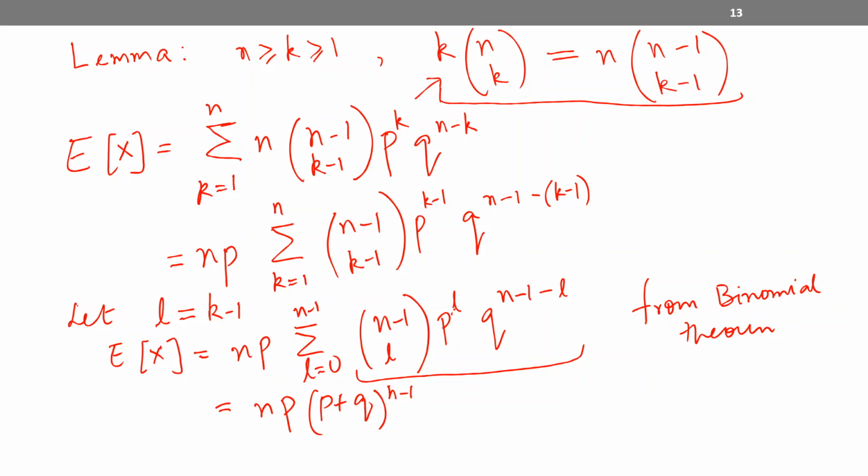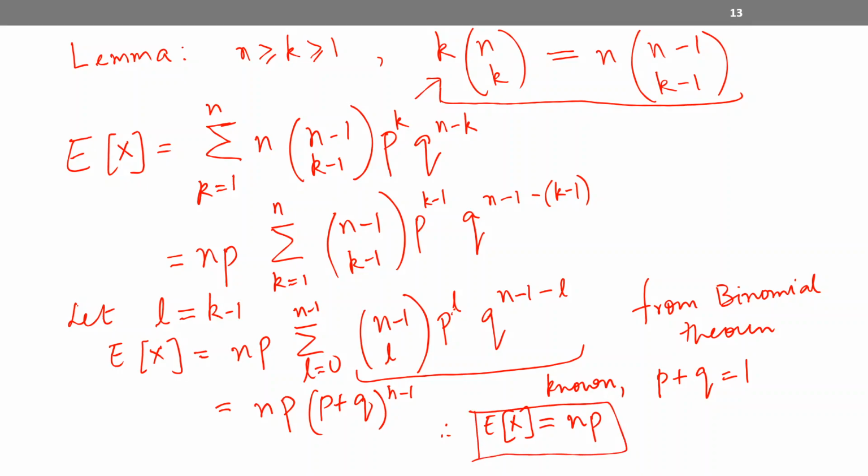Now, I know that I have only two outcomes, p and q, and the sum of p and q is already known to be 1. So therefore, the expectation for this random variable, and by the way, for any binomial random variable, is n times p. So the expected number of heads in the experiment of tossing a coin with success probability p is n times p. This is a standard result, something that we should be using in all our problems going forward.